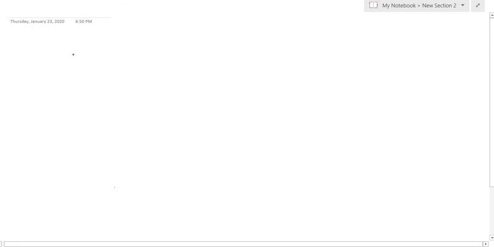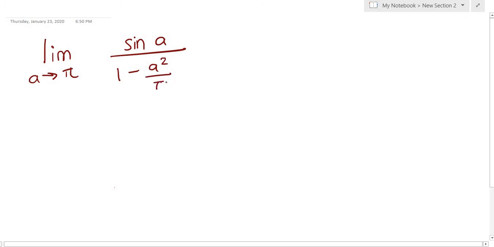So I would like to do a last good question. The limit as a approaches pi of sine of a over 1 minus a squared by pi squared. Now there are two things you should note.